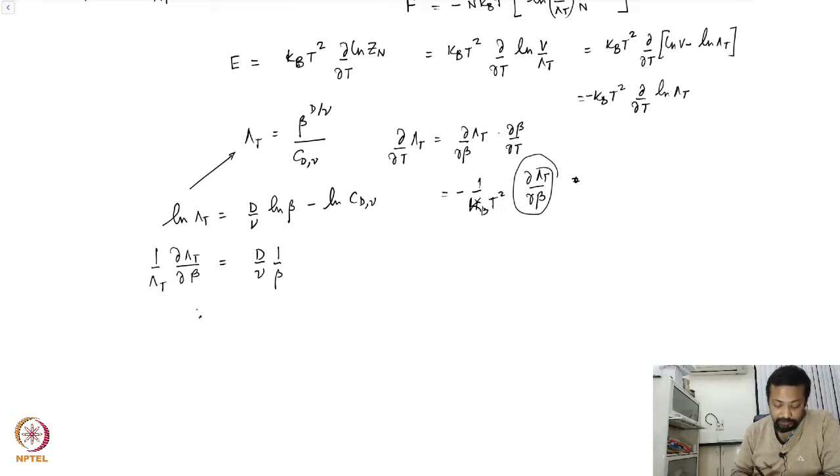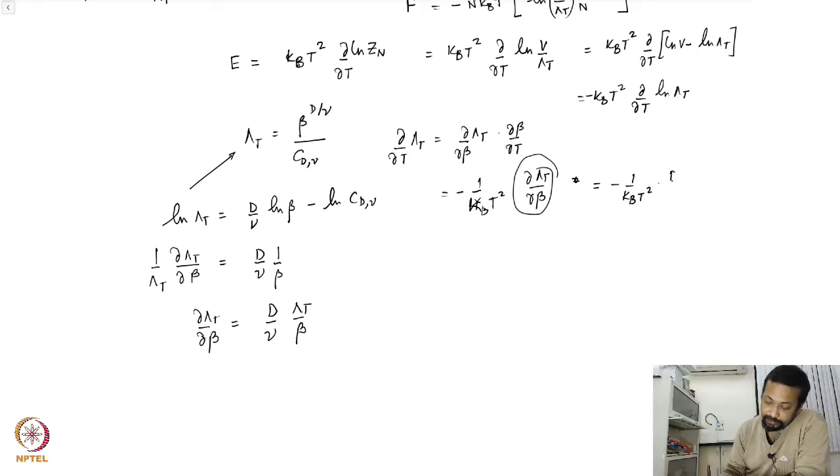So del lambda t del beta is equal to d over nu lambda t over beta, and therefore I have minus 1 over kB T squared times d over nu lambda t over beta. We'll keep it this way. So this becomes your del lambda t del T.